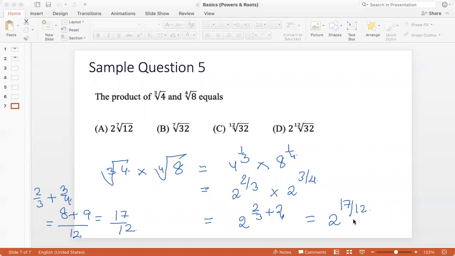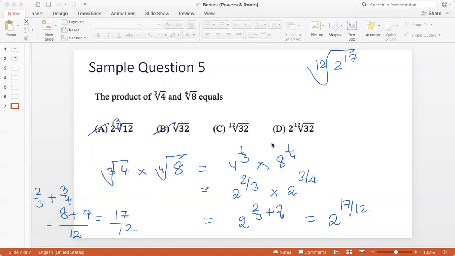Now, what do I do with this 2 to the power 17 by 12? I notice that I can write it as 12th root of 2 to the power 17, right? But that is not an option, right? I think options A and B I can directly cancel because I'm looking at the 12th root, right? And A and B have the 7th root.